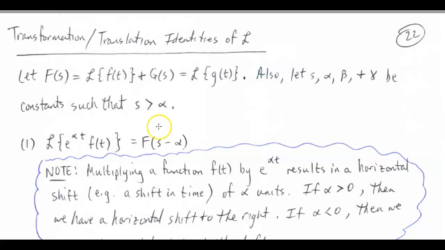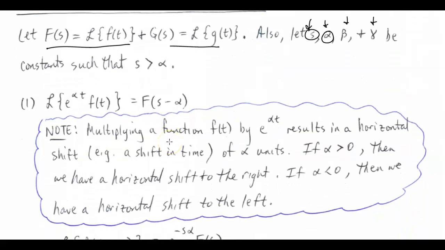So again, we're going to consider that we have the Laplace transform of two functions. We're going to have all these real numbers, s, alpha, beta, and gamma. And we're going to make the condition that whatever s is, it has to be greater than whatever alpha is. Okay? Everything else could be whatever it wants.